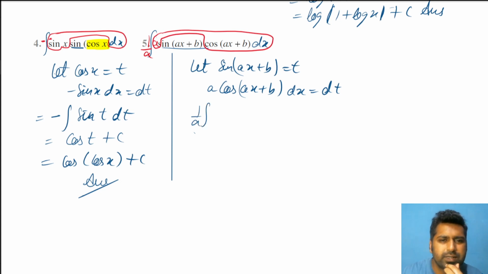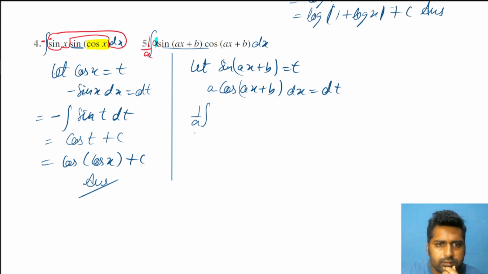I'm going to highlight this and this. So 1 by a, and sine of ax plus b was t, so the whole expression is t. 1 by a times t dt. What is the integration of t? 1 by a times t square by 2 plus c.